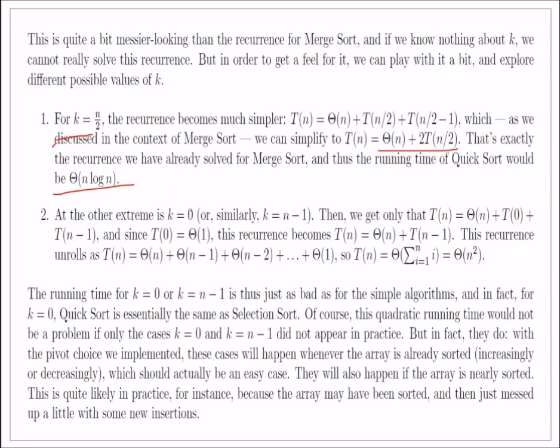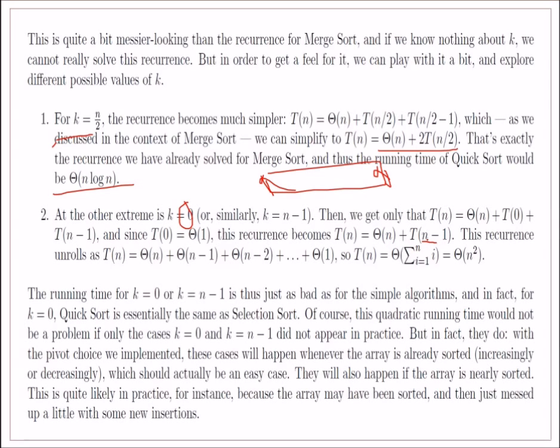While if we start from 0, or we take the pivot value as, if this is an array, either this one or this one, then it will become theta(n) plus T(0) plus T(n minus 1). So the recurrence relationship becomes theta(n) plus T(n minus 1), and we know what T(n) is.